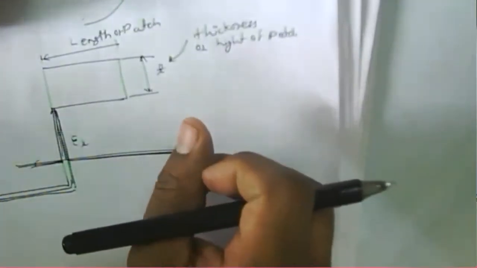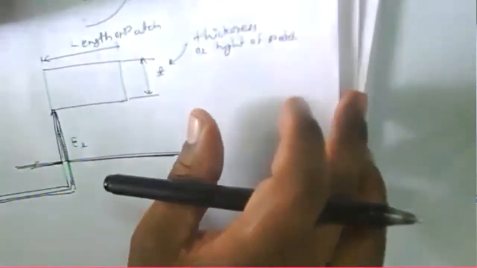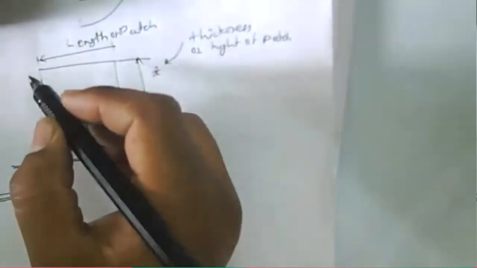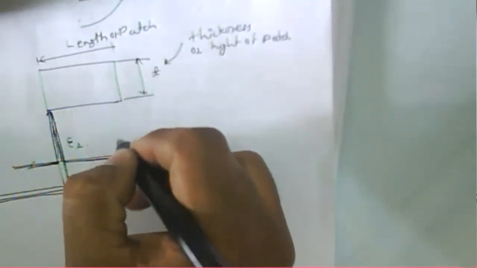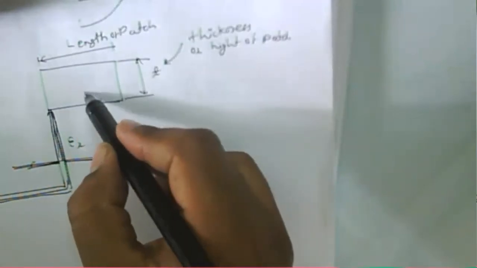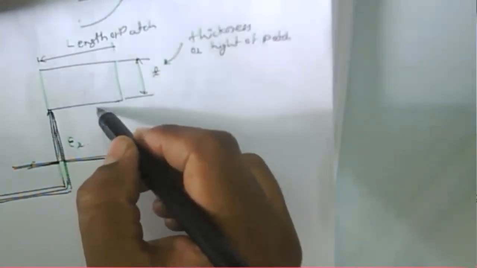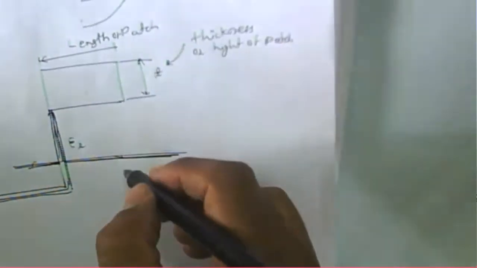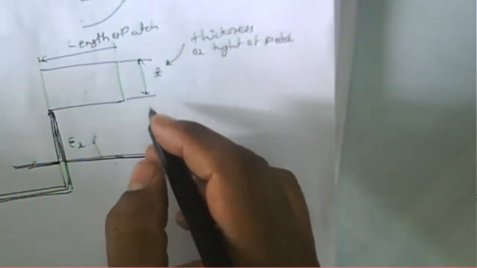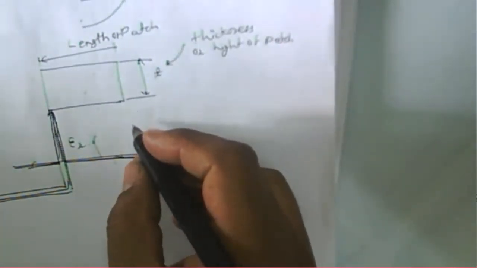Generally, for a given substrate, if you consider this one as the ground plane and this one as the patch thickness, some reflection comes from the ground plane.